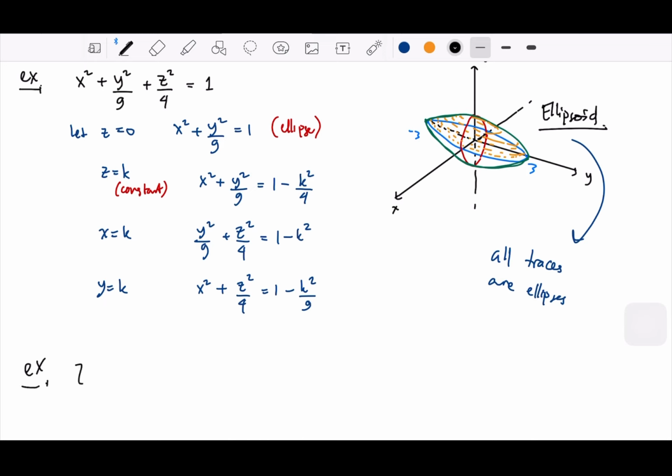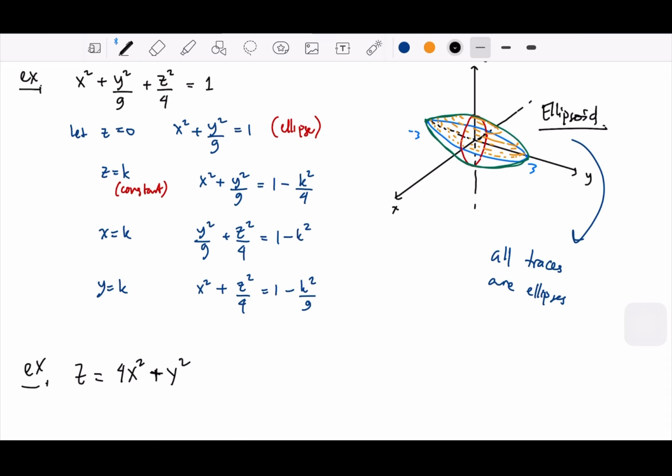Okay, we take another example: z equals 4x squared plus y squared. What will happen in this quadratic surface?